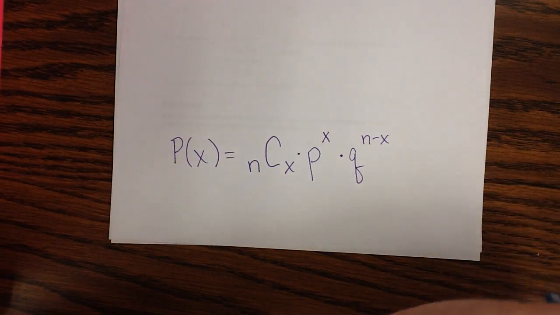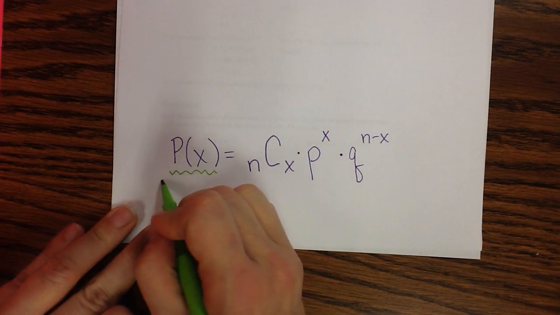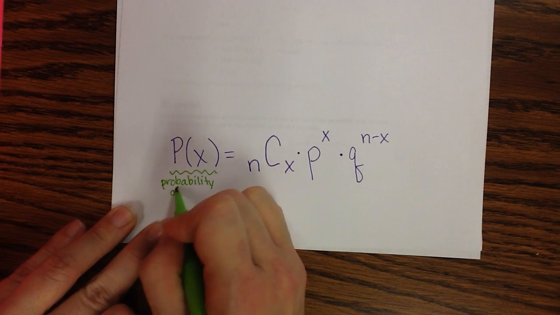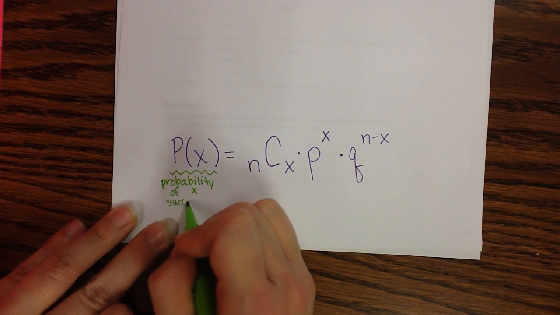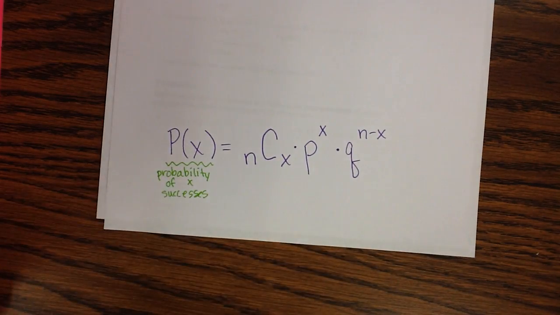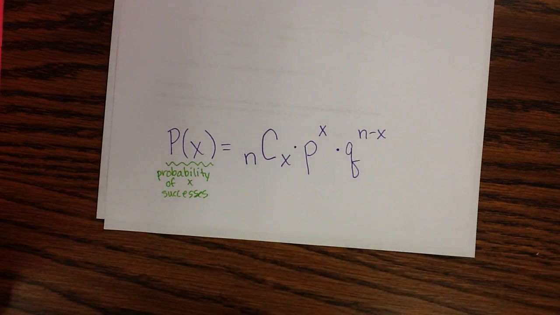So we'll break this down again. So P of x means the probability of x successes. nCx, we've done nCx before.